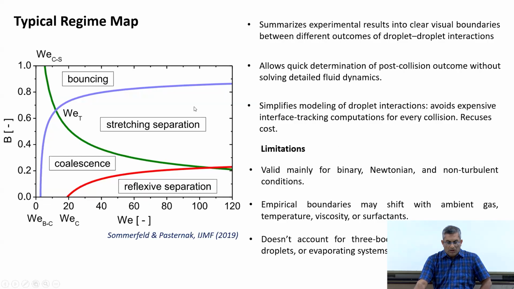Though there are also simulations of droplet collision, binary droplet collision, which try to mimic the experimental results. And people have succeeded in that also. So, this approach basically simplifies the modeling, because here we avoid expensive interface tracking computations for every collision, and it basically reduces the cost.